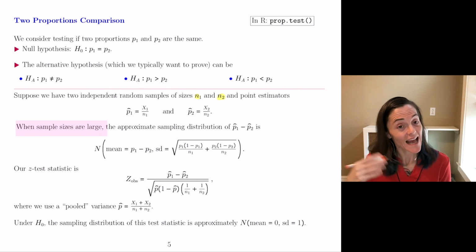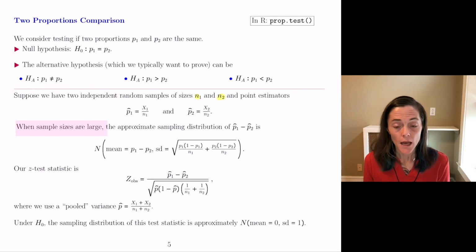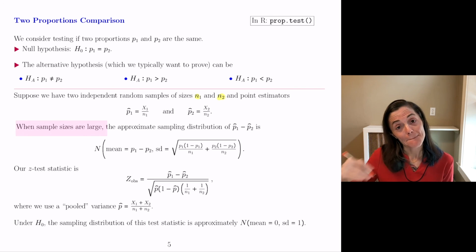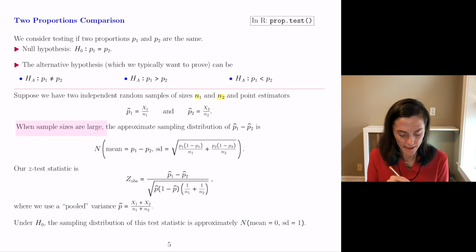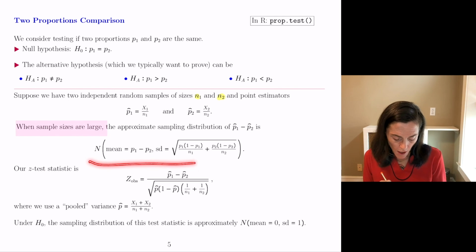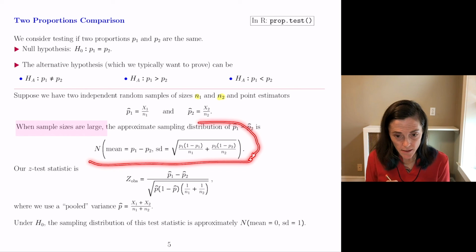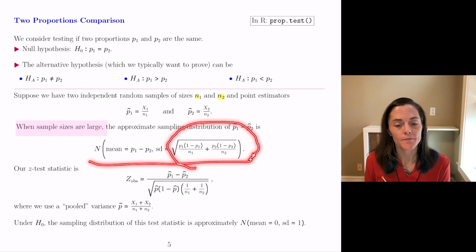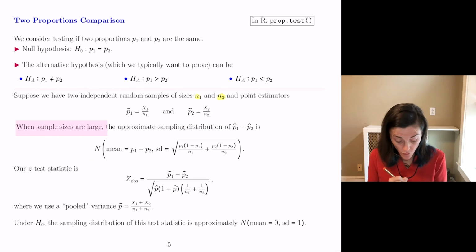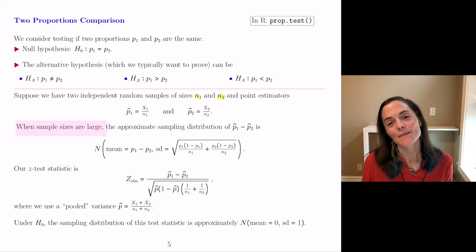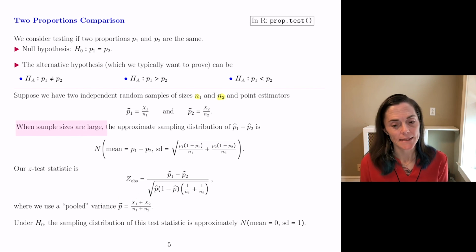When the sample sizes are large, this is an asymptotic test. The approximate sampling distribution of p1-hat minus p2-hat is normal, with mean p1 minus p2 and this standard deviation. We have a z-test statistic where we use a pooled variance. This is in the same spirit as when we were comparing two population means.